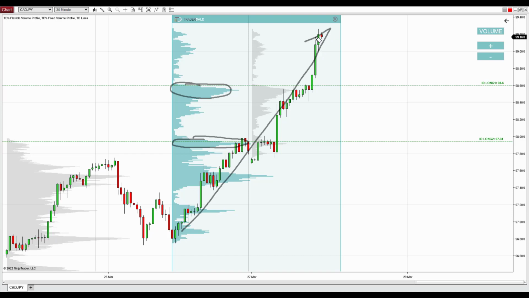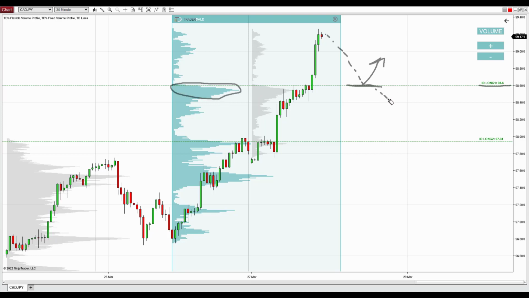Again, the logic is very similar. There were strong buyers pushing the price aggressively upwards, and those buyers were adding massively to their long positions in here, and in here, in this rotation. So, very similarly as in the previous case, when there's a pullback to 98.60, I expect a reaction from those volumes.